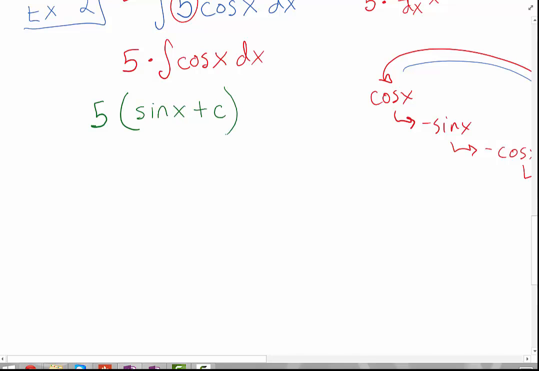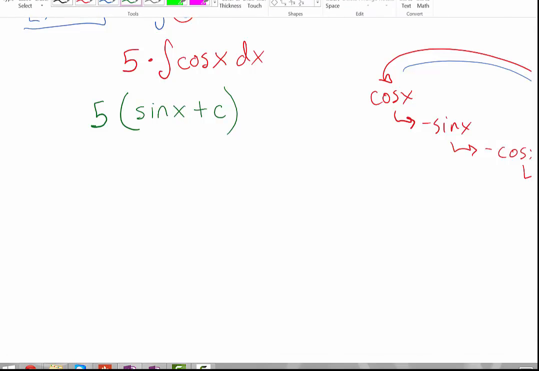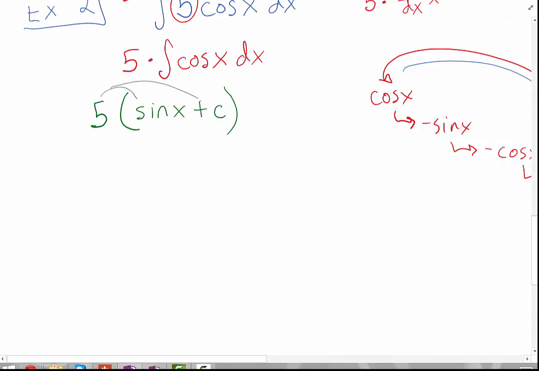And now a lot of people think that we should then distribute, so we'll have 5 sine x plus 5c. But if we think about the spirit of a constant, it's just some number that's not changing. When we call it c, it's because it's some number we don't know, and it's not changing. Well, if we multiply that number by 5, it's still some constant number we don't know about. If it was 3, the constant is now 15.